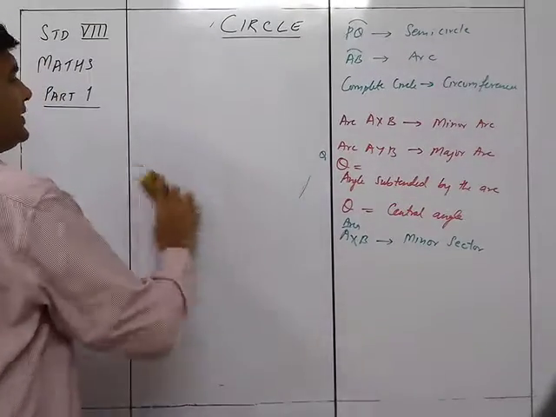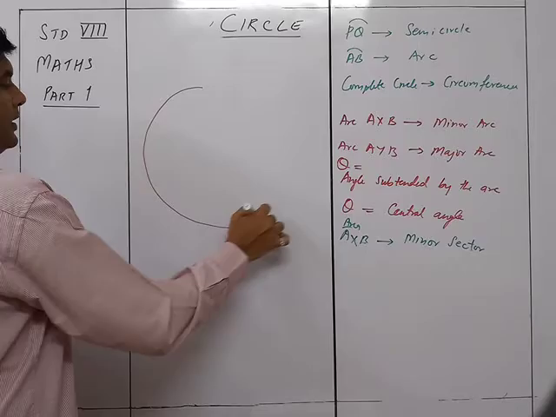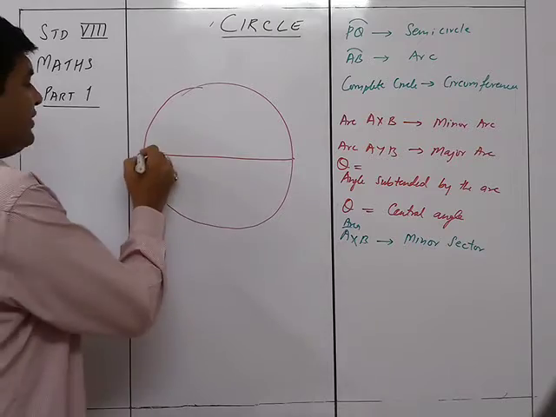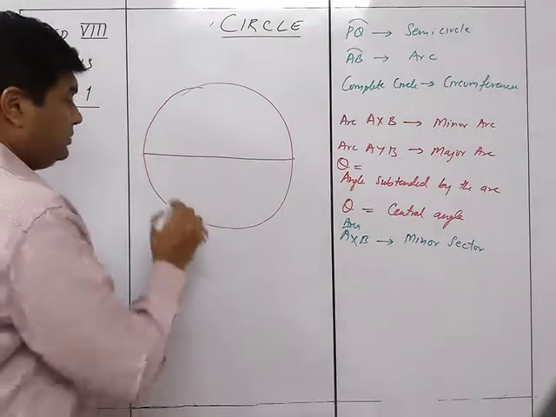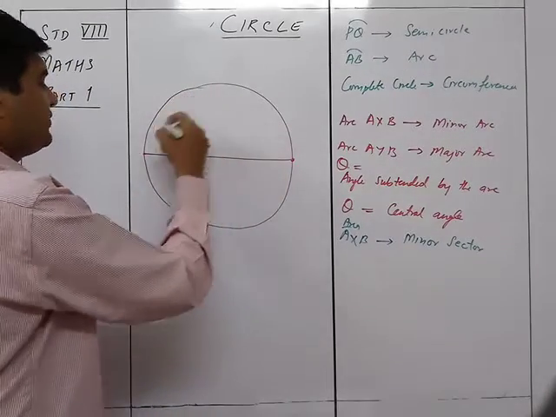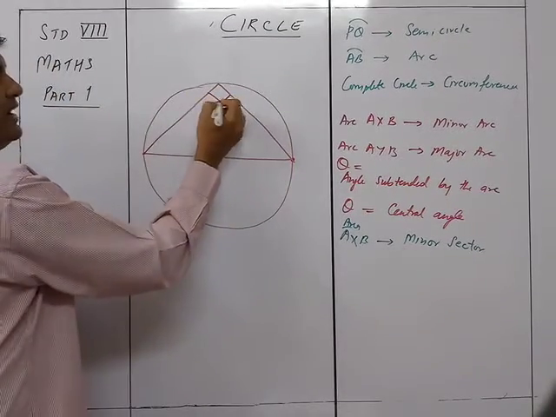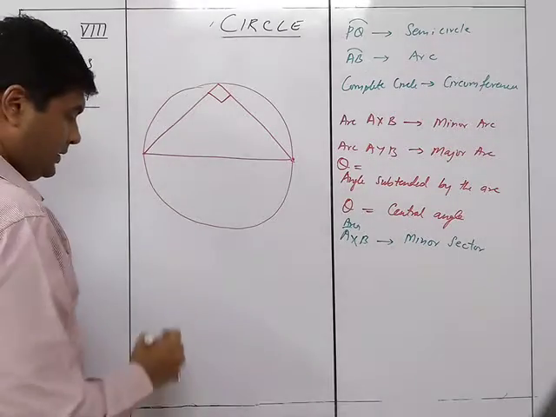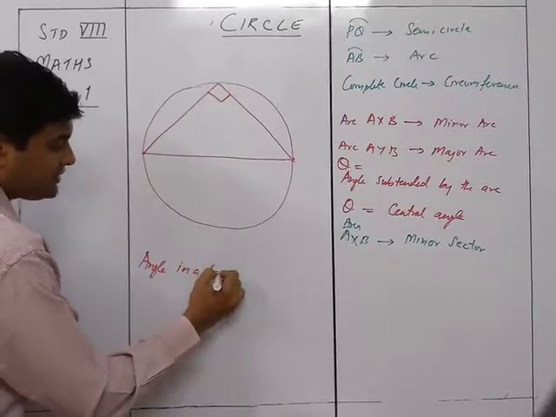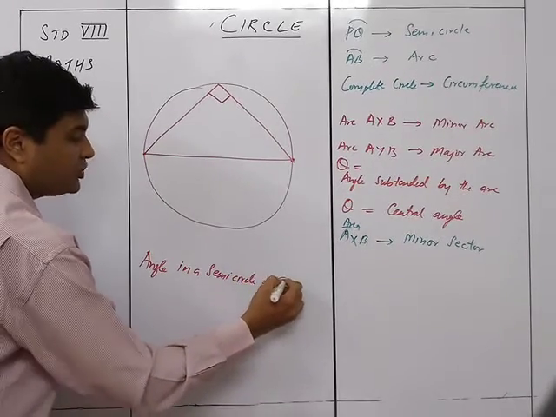It's a very interesting fact that if I draw a circle and draw a diameter, and I draw any angle with these two end points and the third point being anywhere on the circumference, like it could be this way, then this is definitely going to be 90 degrees. It is the angle in a semicircle, which is equal to 90 degrees.